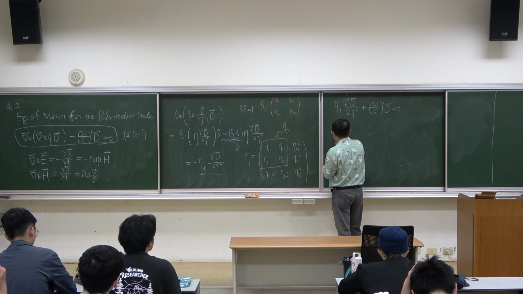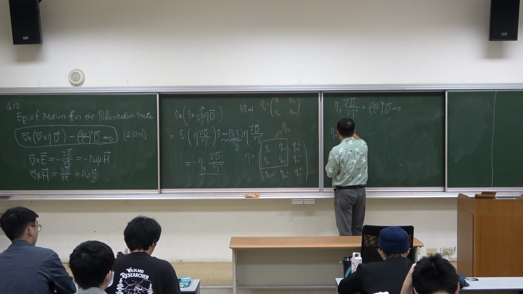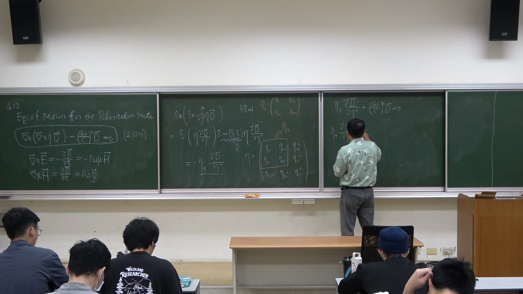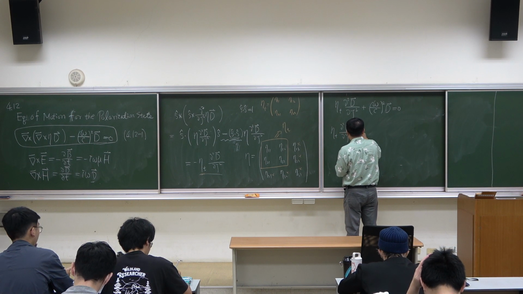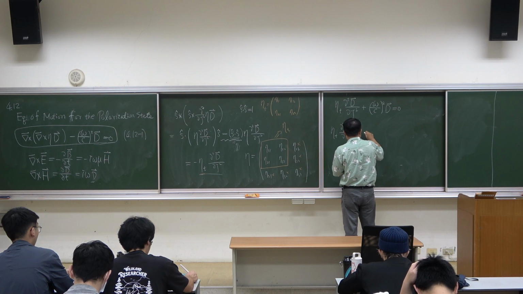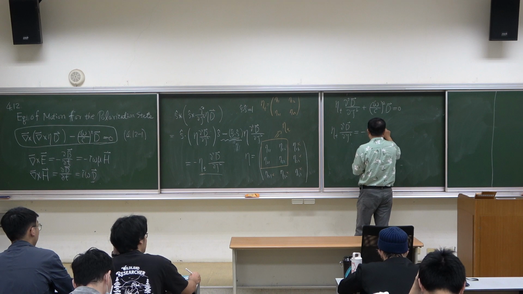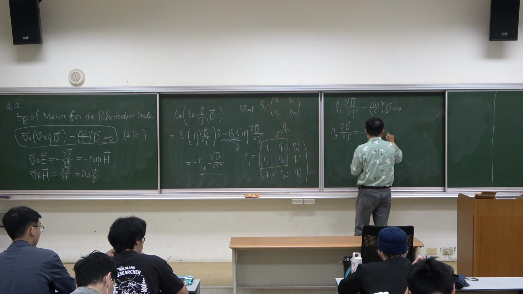Or eta t times this is minus omega over c squared times d.